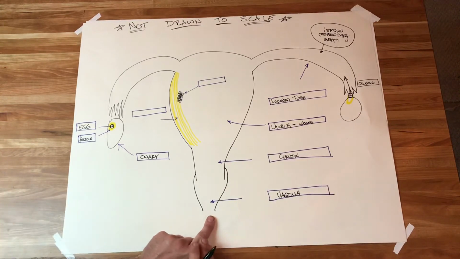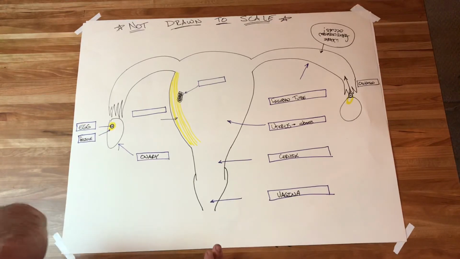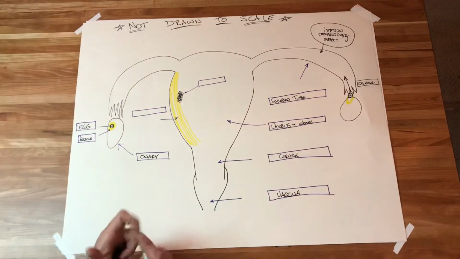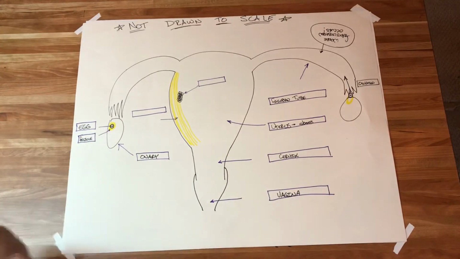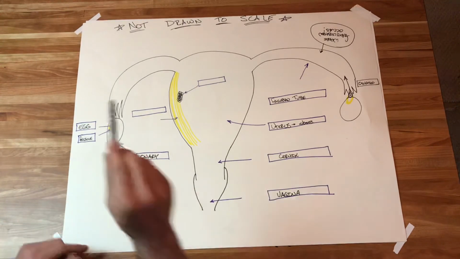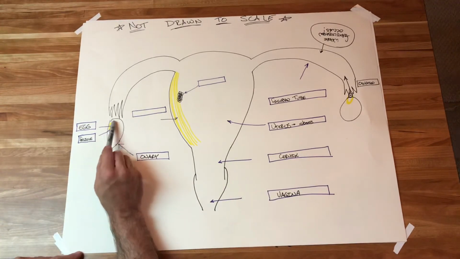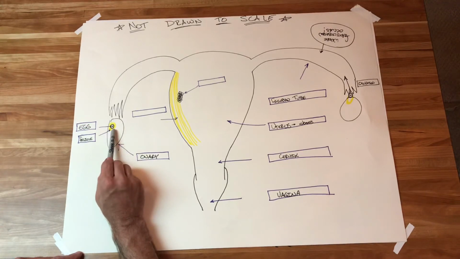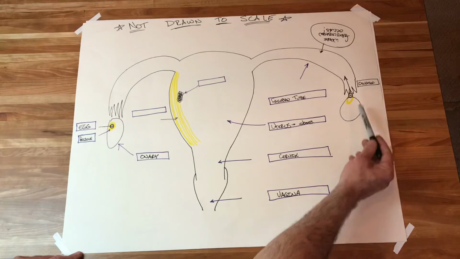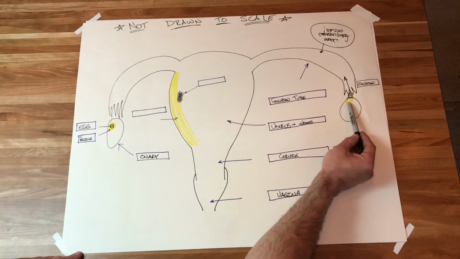Okay? Other terms that we should talk about while we are covering the female's reproductive structure are the terms related to the menstrual cycle. We have the follicle. The first stage is the follicle preparing the egg for release. Then we have the egg releasing on day 14.